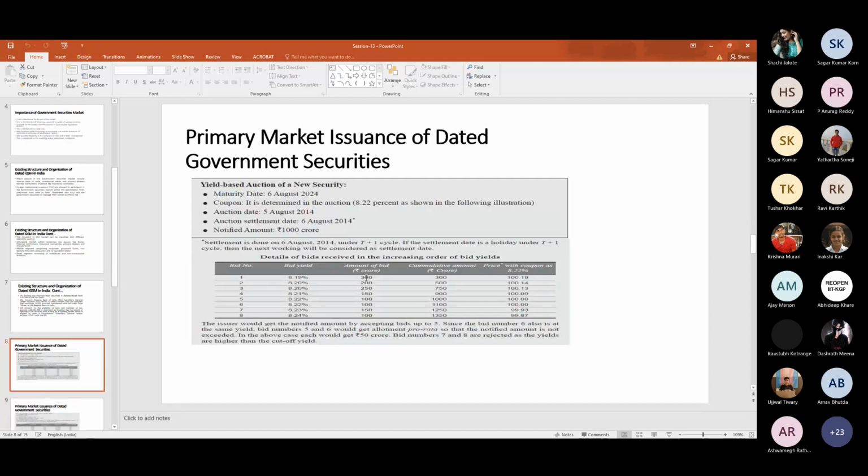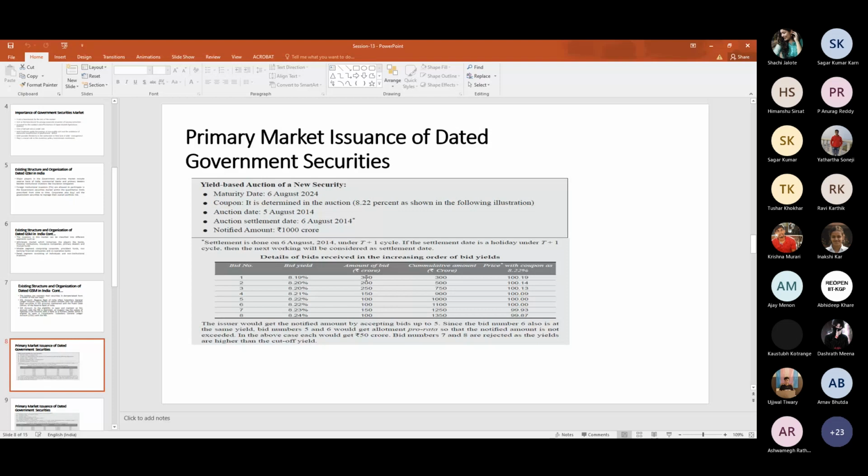This part I have already discussed with you, how the government securities are issued. If it is a yield-based auction, then we arrange the bids in ascending order. Then the amount is fixed at 1,000 crore. On the basis of the bids, wherever the amount is adjusted, the coupon will be decided.